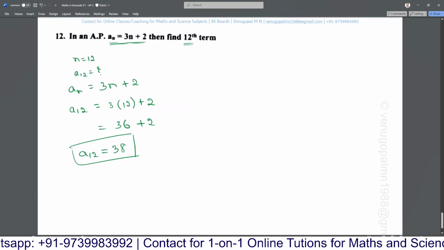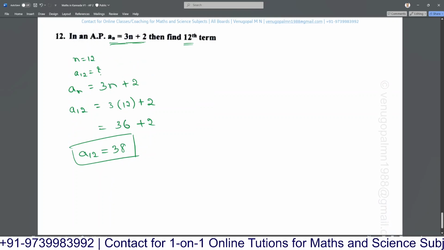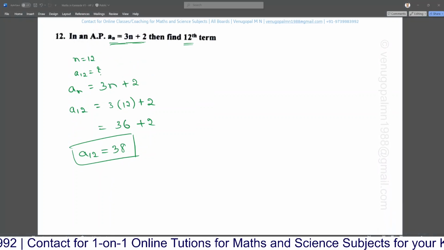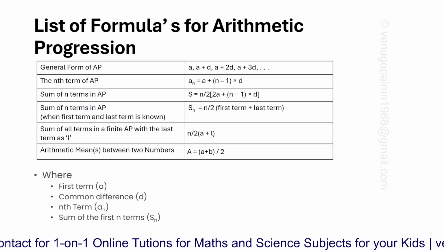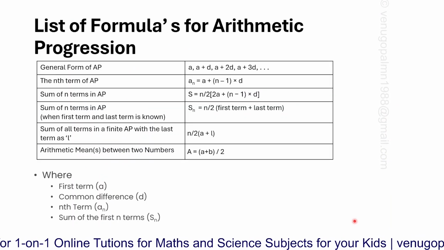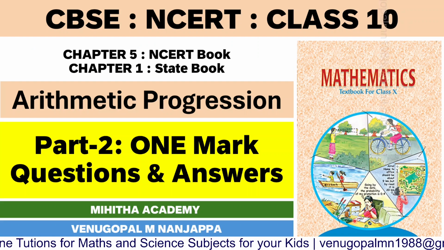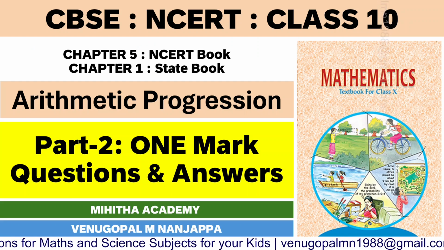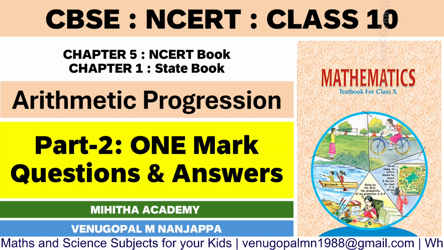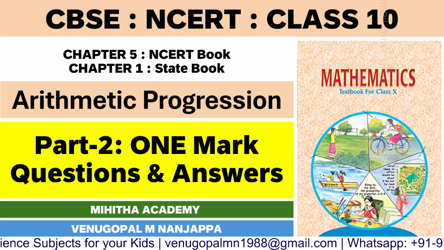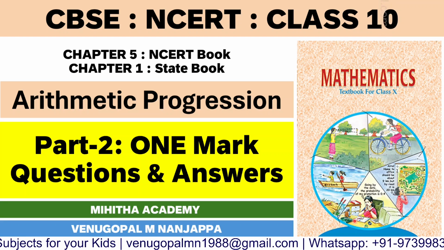So hopefully you guys have understood how we can solve AP related questions so easily. If at all you are getting 1 mark questions in your examination, this would be very simple. You just remember, or else when you come across any AP related question, just recall all the formulas related to your AP.